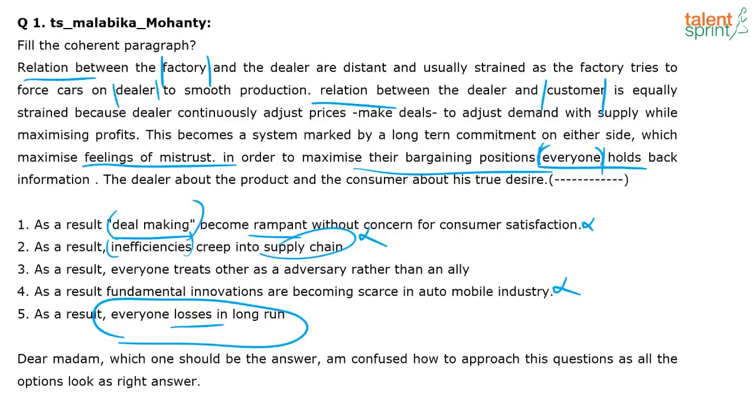Yeah, it is a direct consequence, don't you think, of holding back information? Everyone holds back information, everyone loses in the process, boss. The dealer about the product, consumer about his true desire, and the relationship even between the dealer and the factory. Clear? Any questions, any doubts? So the answer to that is option 5.